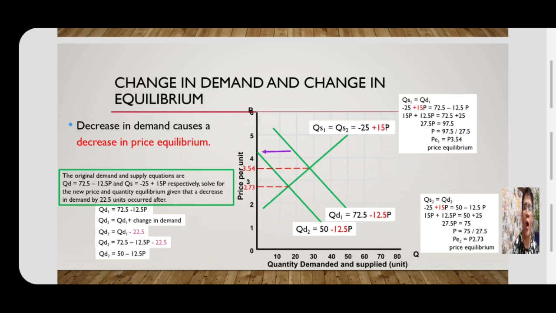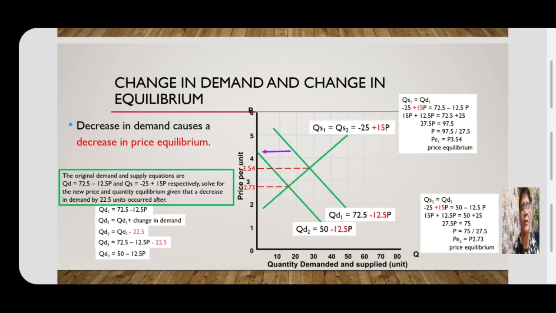So QD sub 2 is equal to 72.5 minus 12.5P minus 22.5, and the derived new demand equation, or QD sub 2, is now equal to 50 minus 12.5P.